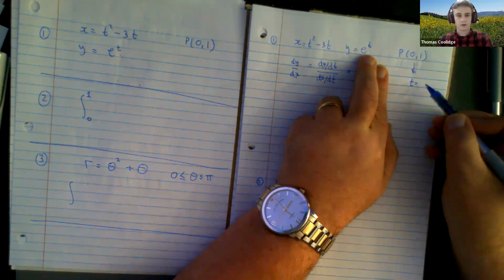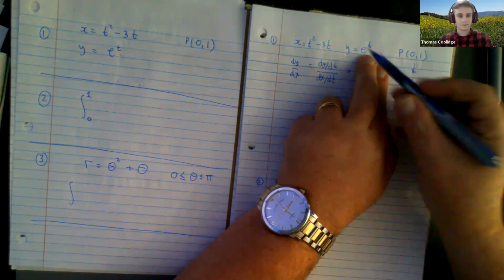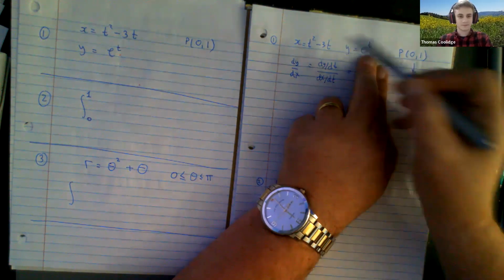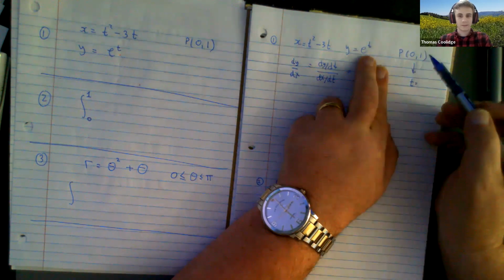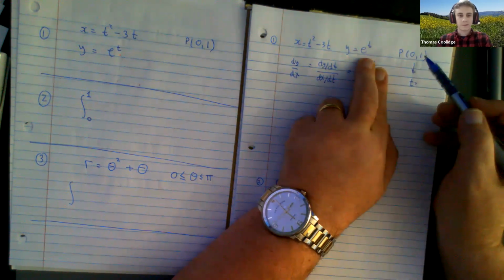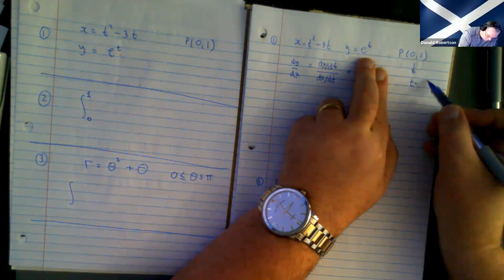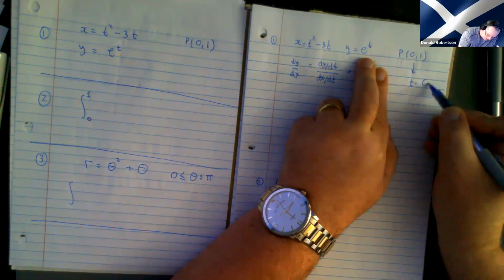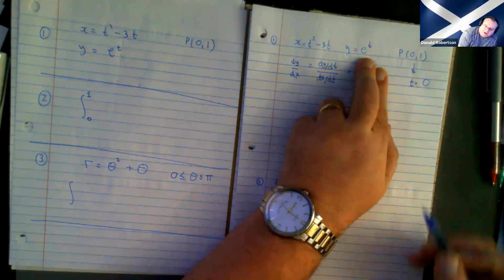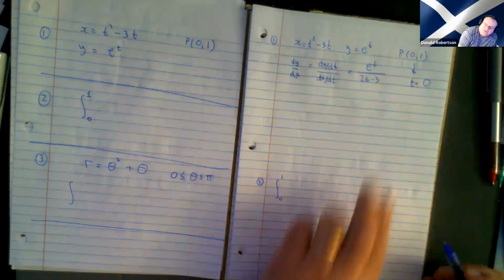I'm just waiting for the screen to catch up on my computer. So I know the slope of the tangent line is -1/3. And we're after the equation of the tangent line.